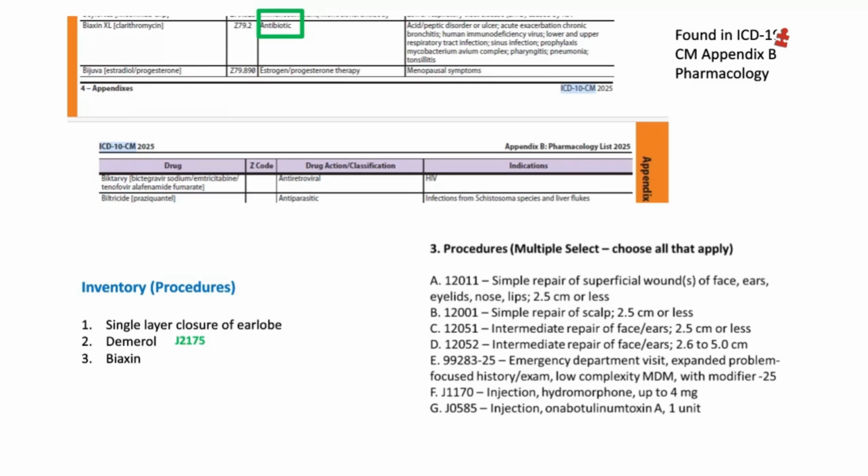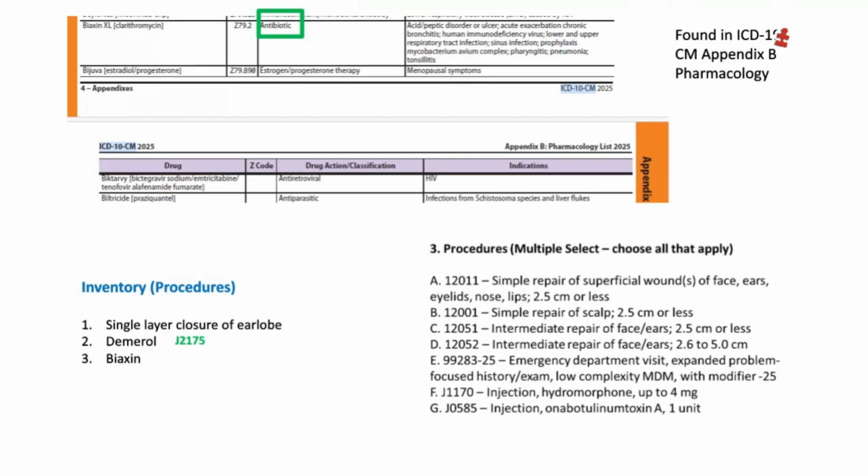So I'm going to give you a minute to look for it. And type in the chat. Let me know if you have used or not have used your Appendix B pharmacology section.